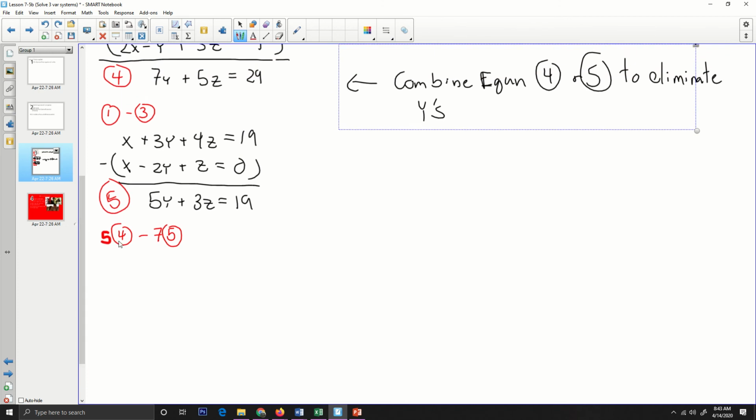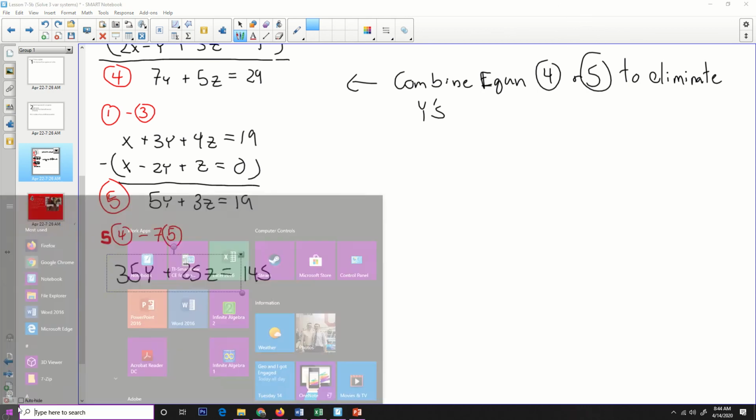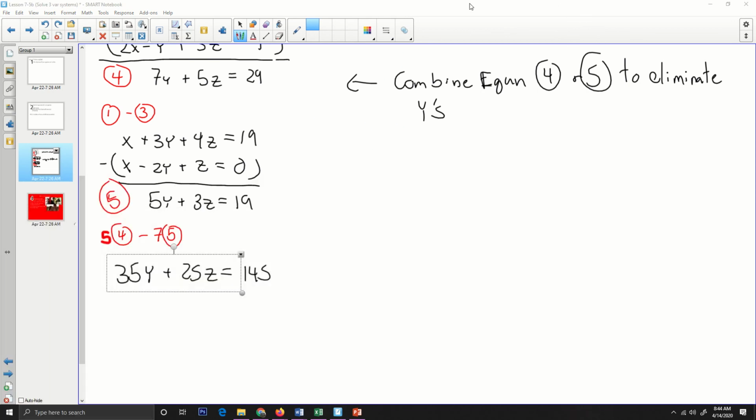So 5 times equation number 4: 5 times 7 is 35y. 5 times 5 is 25z. 5 times 29, well, 5 times 30 would be 150, so if I subtract 5, I get 145. And then 7 times equation 5: 7 times 5y is 35y. 7 times 3 is 21z.